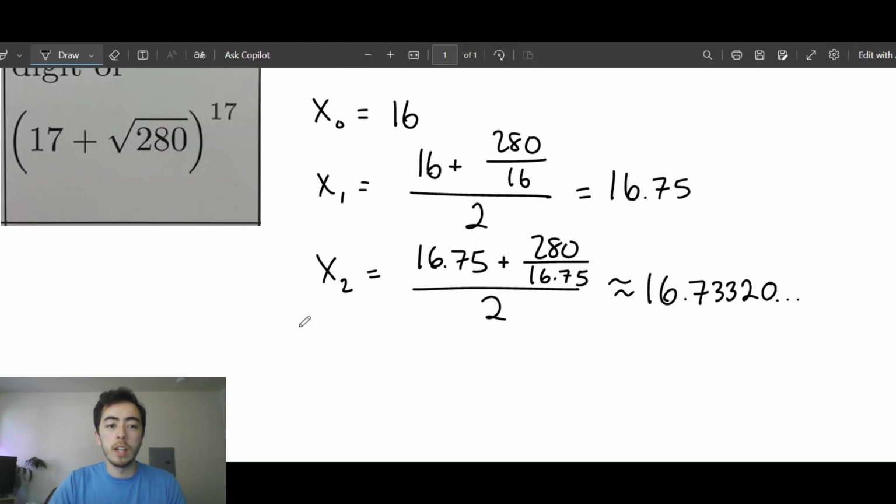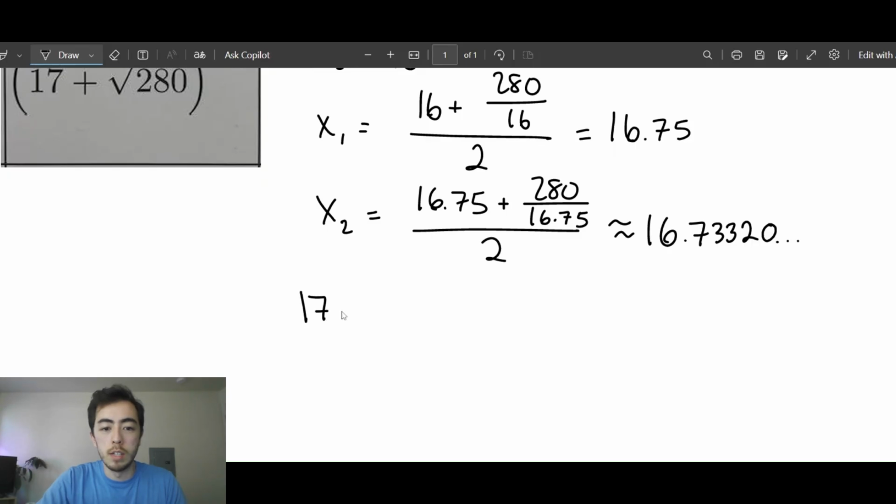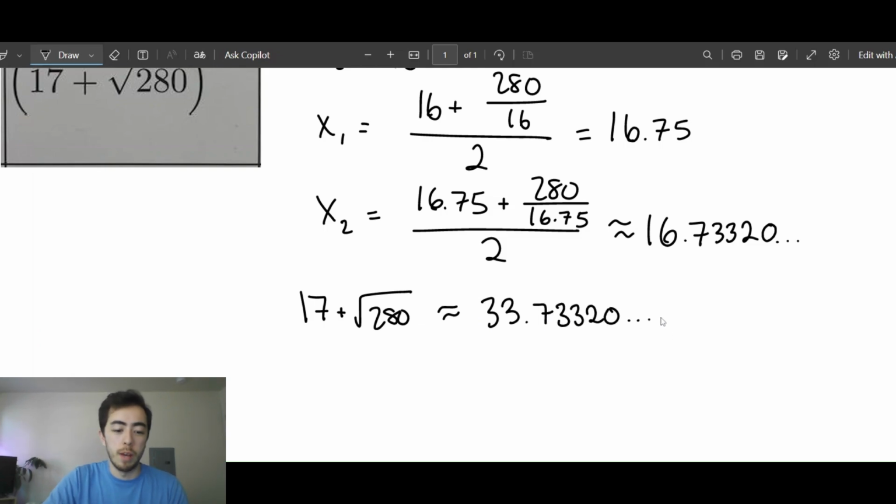So if we want to get a good estimate of what 17 plus root 280 is, we can just add 17 to 16.7332, and then we're going to get 33.7332. Okay.